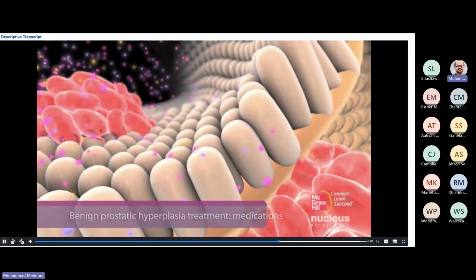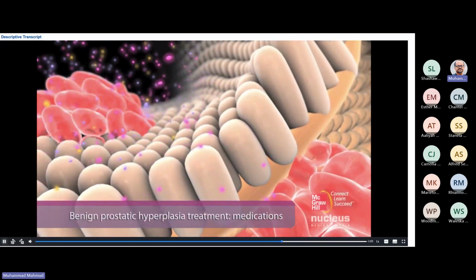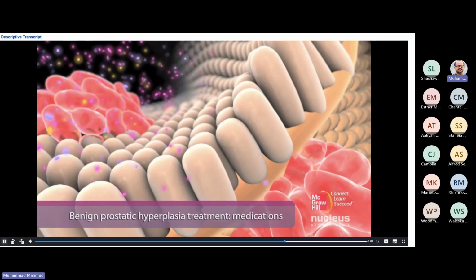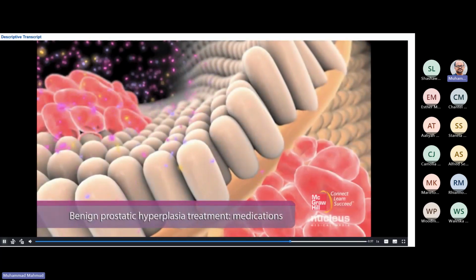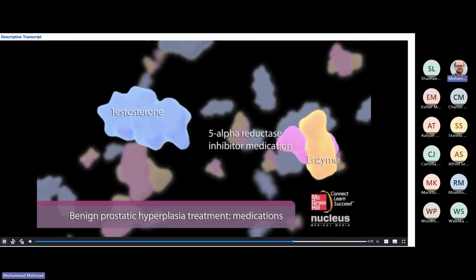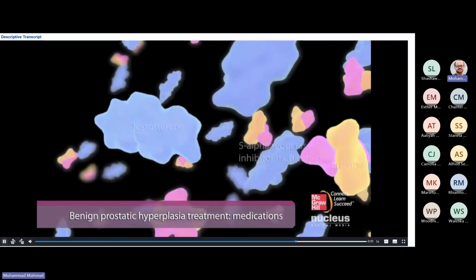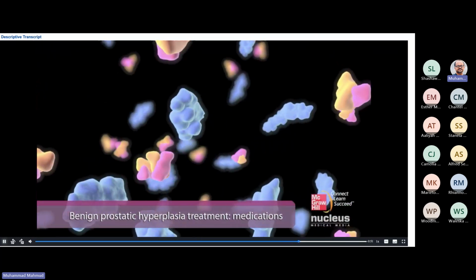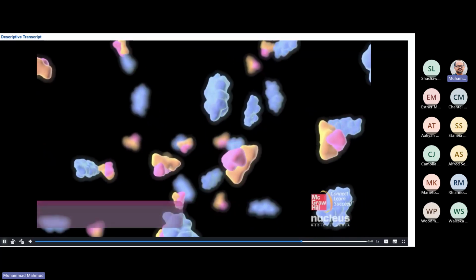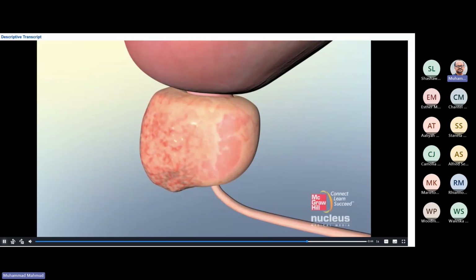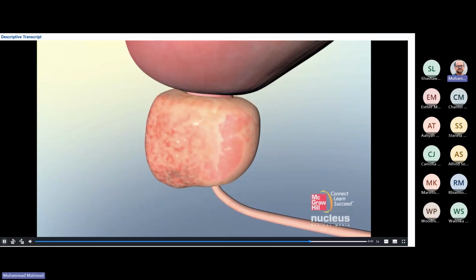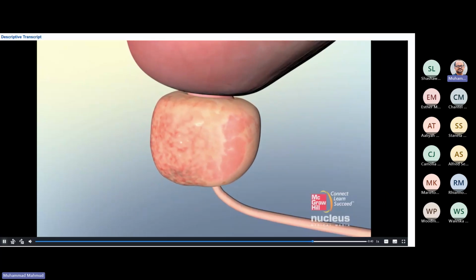Treatment for benign prostatic hyperplasia may include medications such as 5-alpha reductase inhibitors, which block the enzymatic conversion of testosterone to dihydrotestosterone. As a result, the excess stromal and epithelial growth stops and the prostate shrinks.